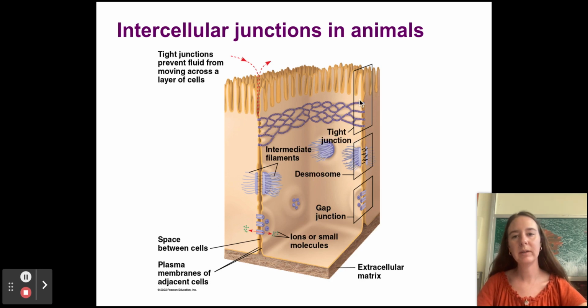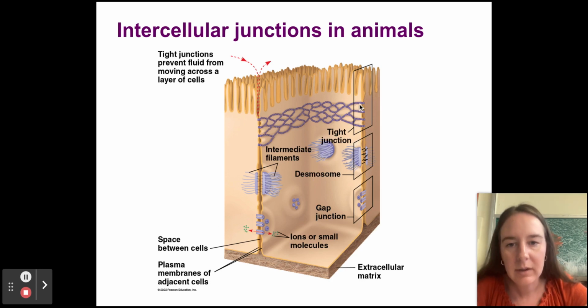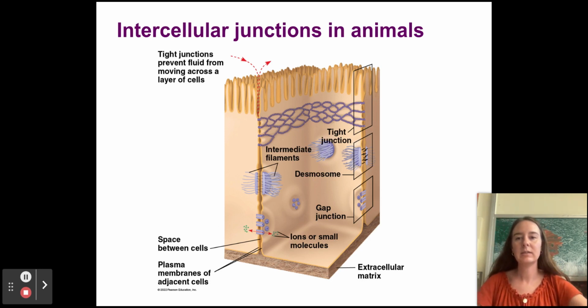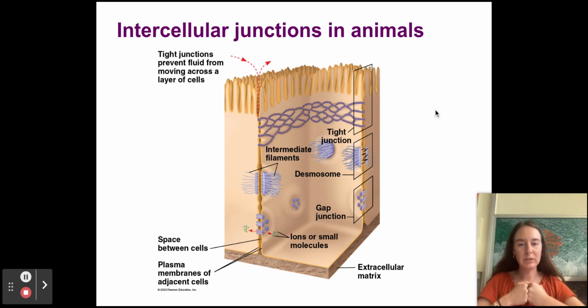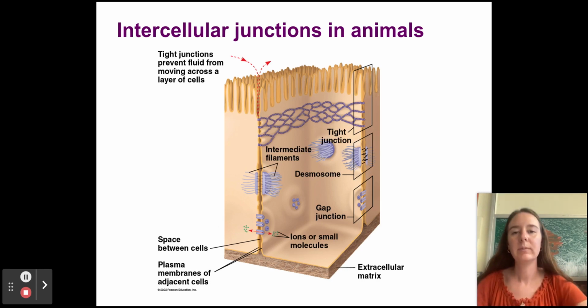The tight junctions are these kind of openings here, made up of the cytoskeleton within the cell, and they prevent fluid from moving across the layer of cells. So basically, they keep the two layers between the cells sealed together. Then we have desmosomes, also providing structure so that the two cells stay attached.